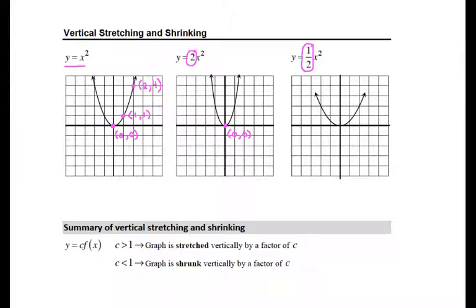But we can see that the point 1, 1 did move. It moved up here to what we would identify as 1, 2. And the point 2, 4 moved way up here to what we would identify as 2, 8.